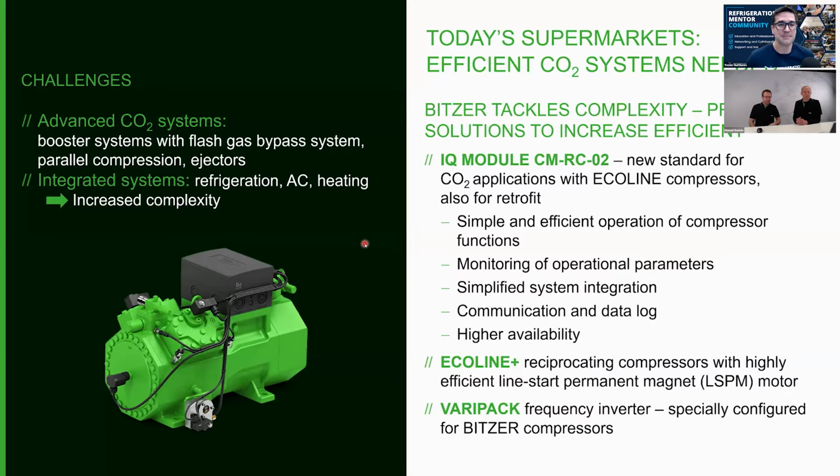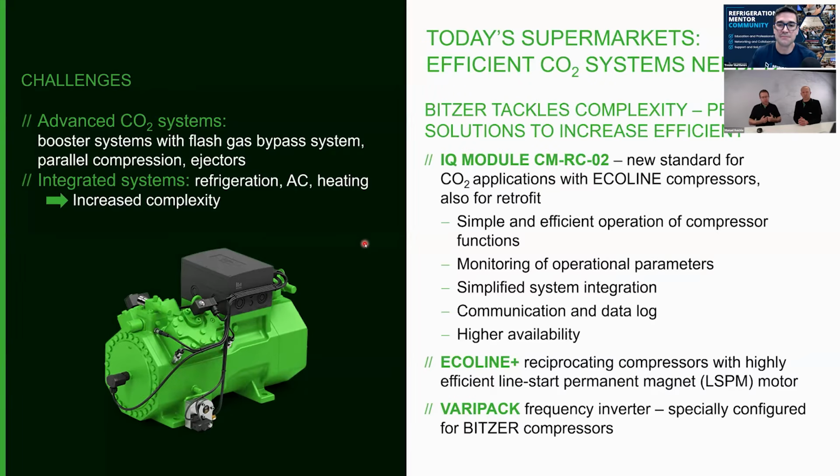Yeah. Going back to the presentation, you said it, the system gets a little bit more complex by parallel compression, ejectors, and so on, but also the integrated systems where you do refrigeration, air conditioning, and heating in one system bring additional complexity. The target of Bitzer, or how we tackle these solutions, is we brought our IQ modules.